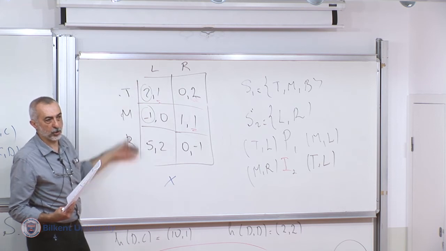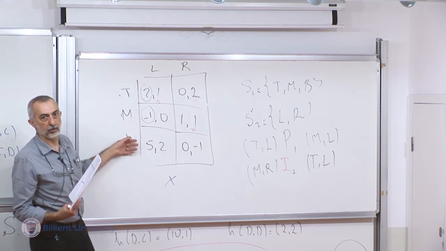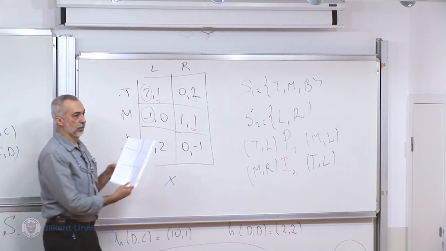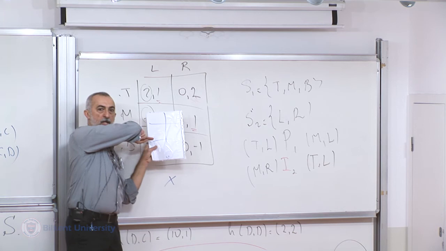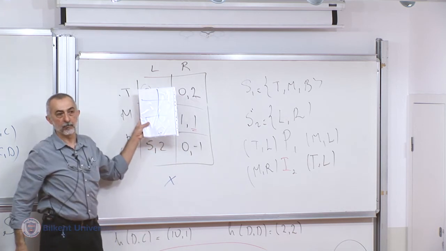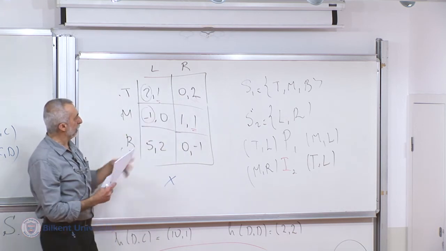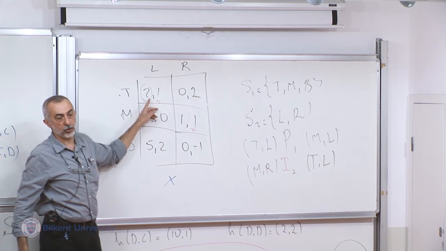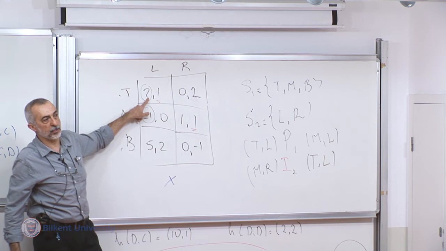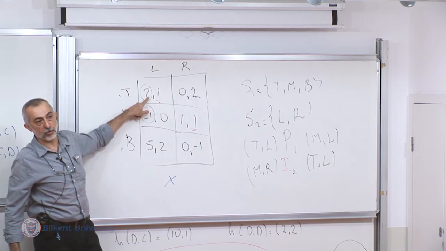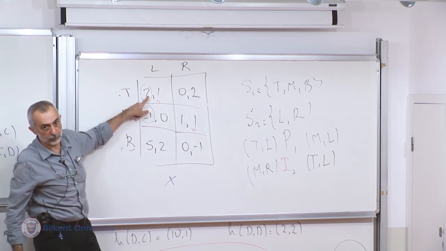The vertical dimension would be played by player 1. The horizontal dimension would be played by player 2. And the one that is coming out of the blackboard would be played by player 3. And rather than having 2 numbers, we would have 3 numbers, where the first number is the number assigned by the numeric representation of the preference relation of player 1.